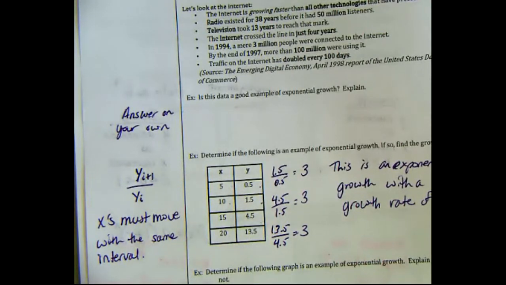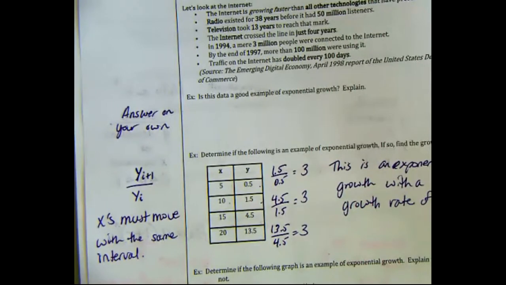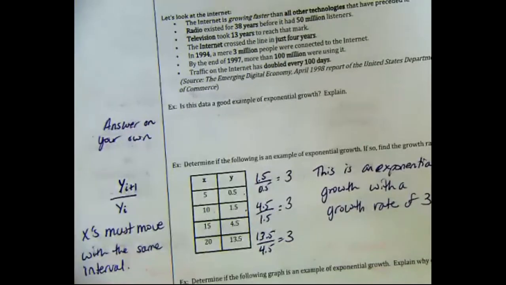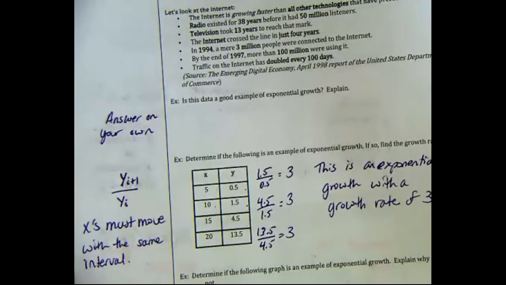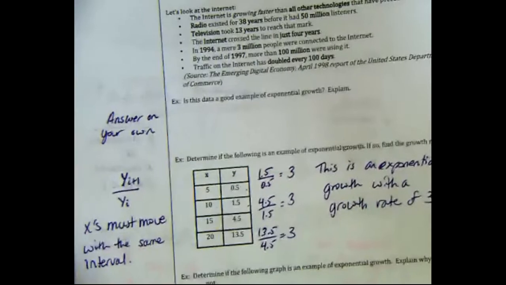Okay. That trips a lot of kids up, so you want to make sure you're paying attention to that right there. Okay. Sometimes we're asked to determine if the following graph is an example, right? And we're looking at the graph itself. So for the next example here, we have find the exponential function. Oh, I'm sorry, I read the wrong example.